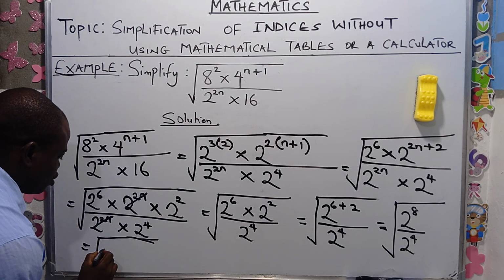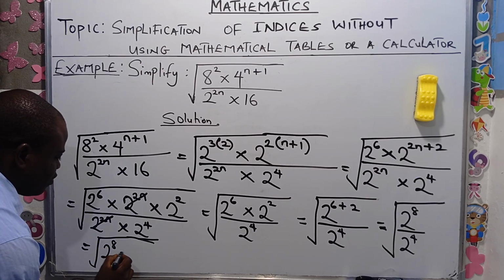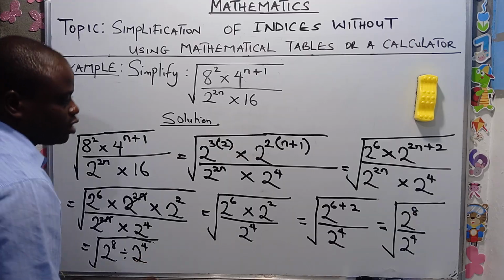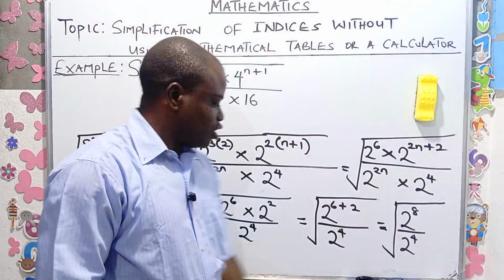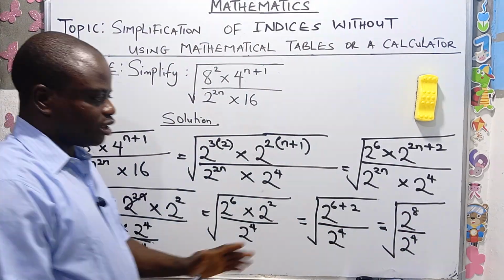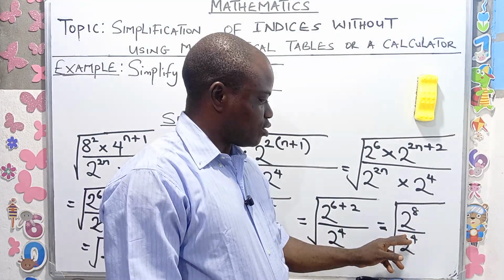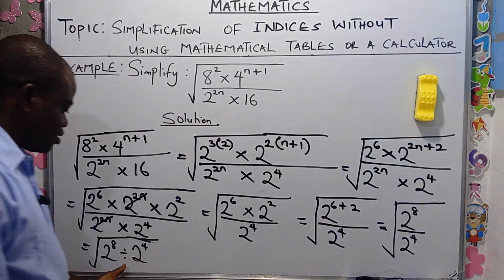Square root of 2 raised to power 8 divided by 2 raised to power 4 is still the same thing as this expression, but I want to apply the laws of indices, that's why I changed the division line to a division sign.